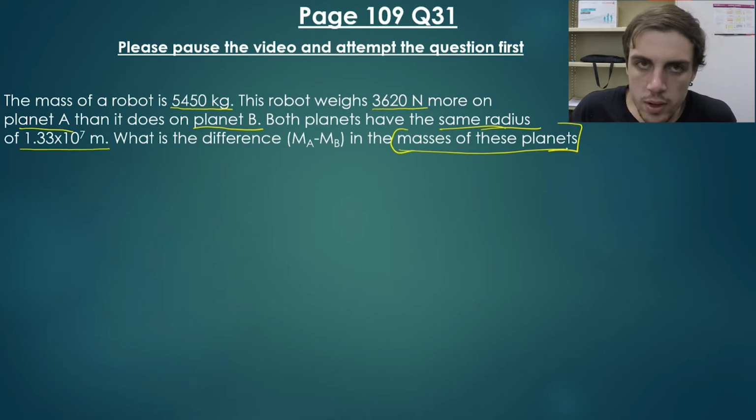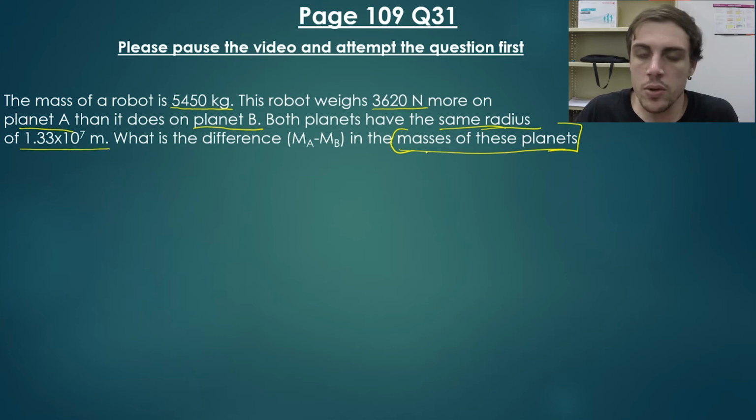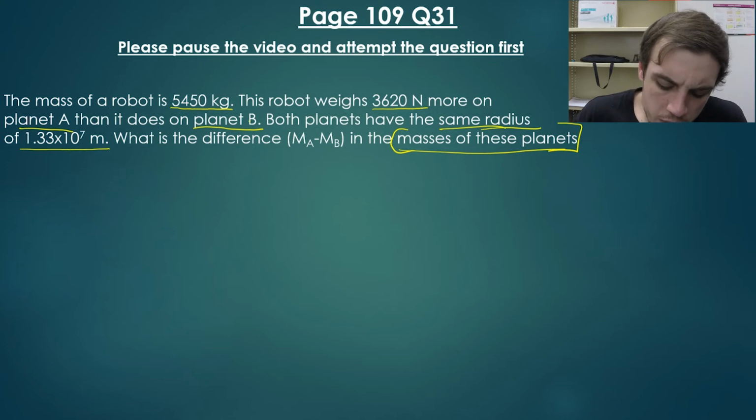Something else that's jumping out is they don't want to know the specific mass of planet A or the specific mass of planet B. They want to know the difference between them. We are given a little bit of random information here and there, so let's have a look.